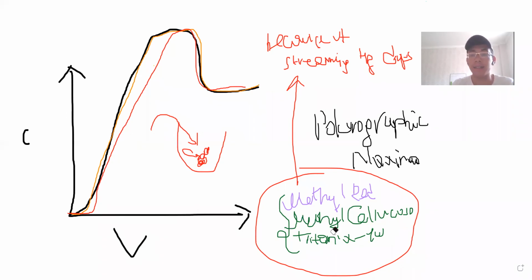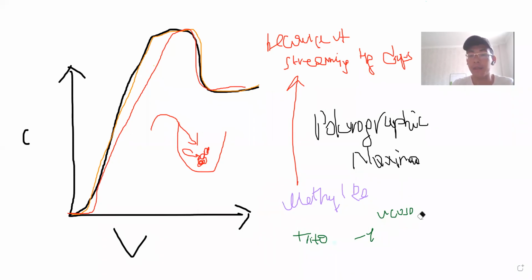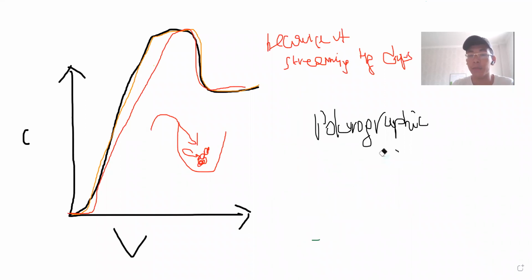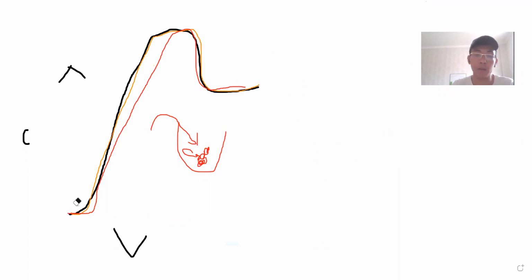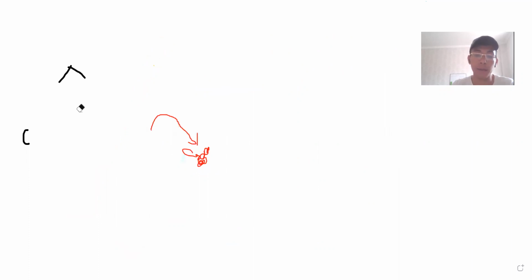So guys, I have finished explaining. Hopefully it was very useful for you. In conclusion, I want to say that the polarographic method is a very good method.